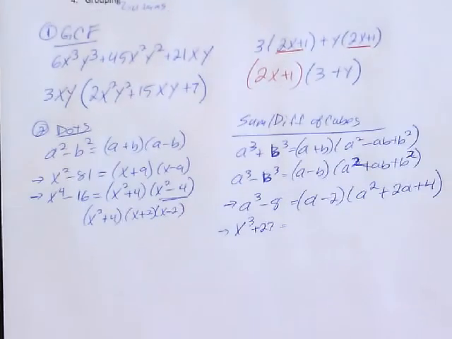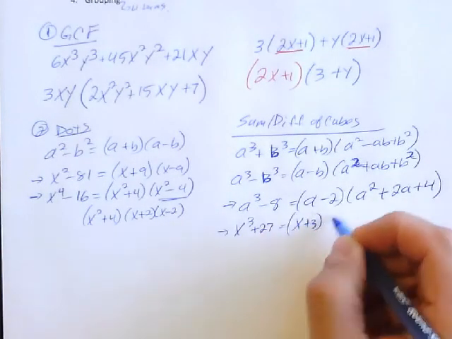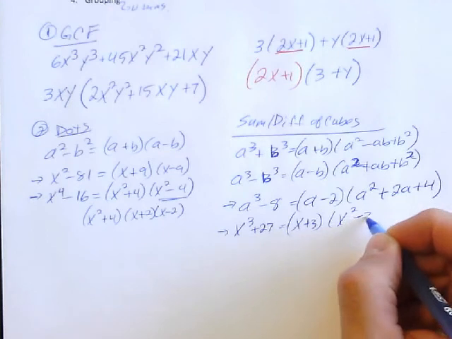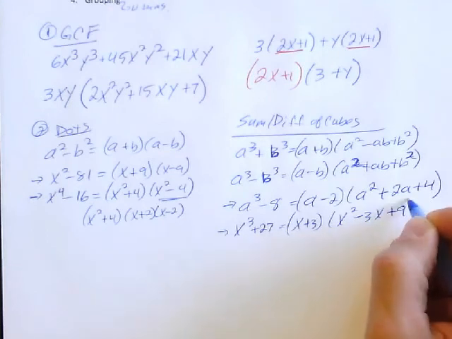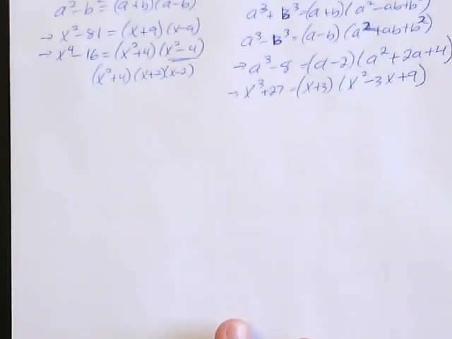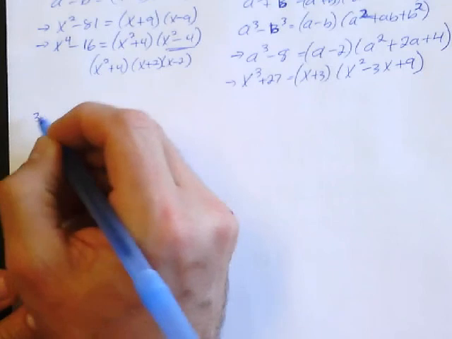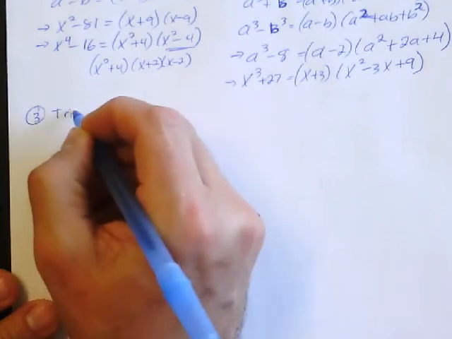Or x to the third plus 27 would be x plus 3, x squared minus 3x plus 9. All right.